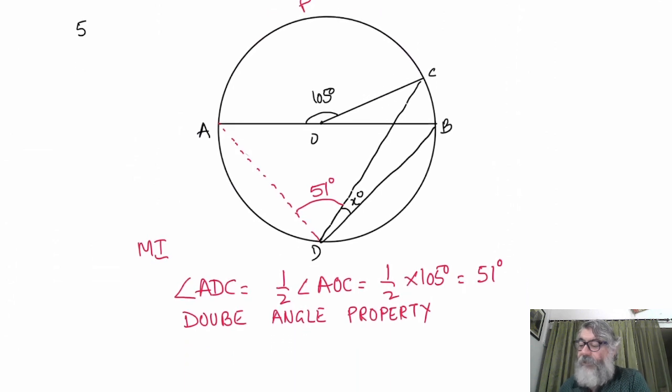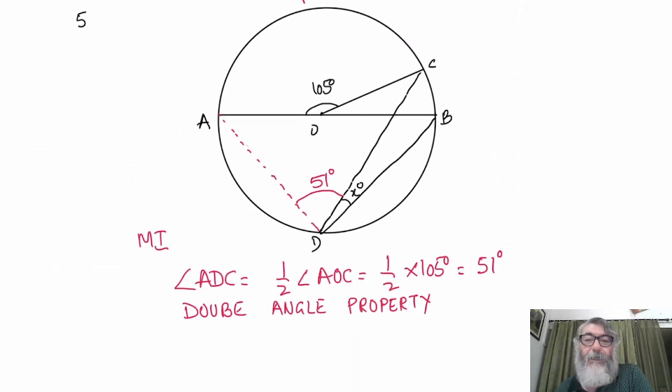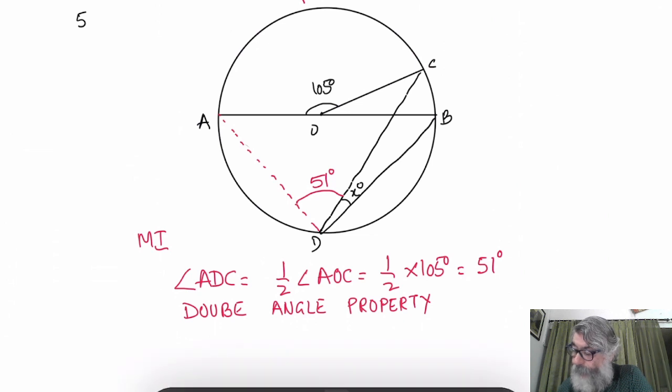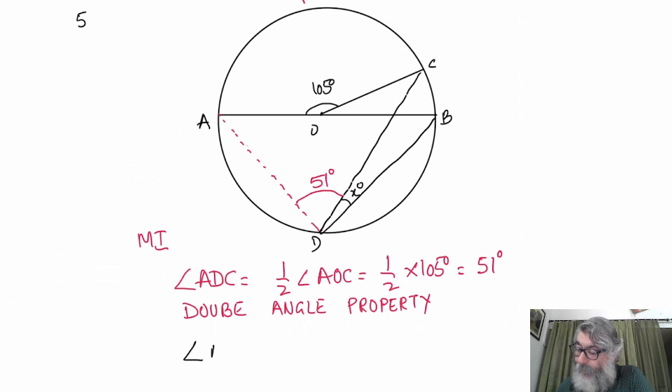Now see the triangle ADB. In the triangle ADB, AB is the base which is the diameter. So angle ADB will be 90 degree.